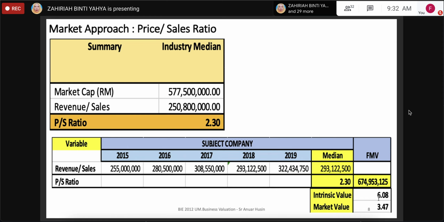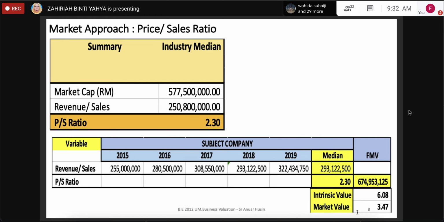Earlier it had 11 million. Yes, 11 something, 11 million. So to get the intrinsic value, you get the FMV, the fair market value, divide by the number of shares, and then you get this figure, 6.08.